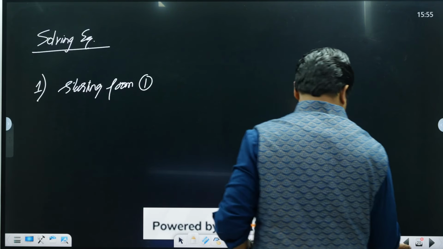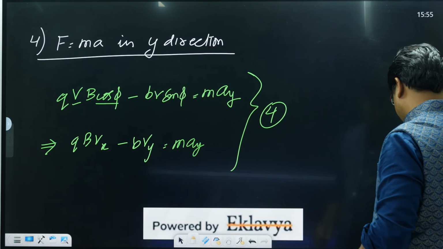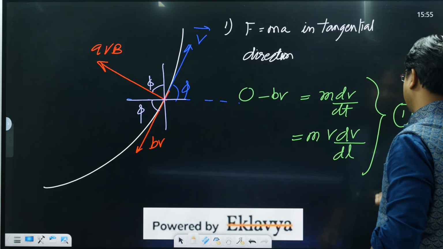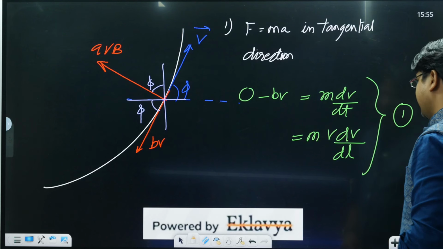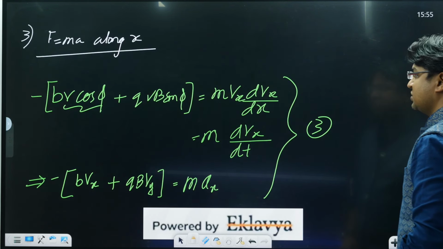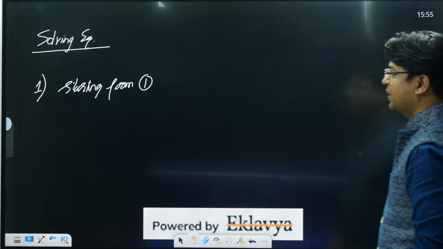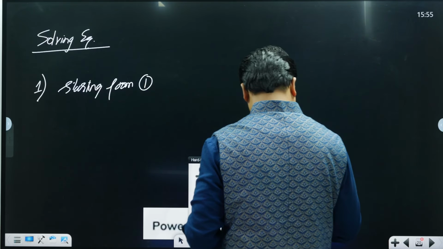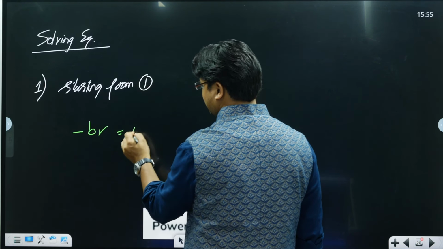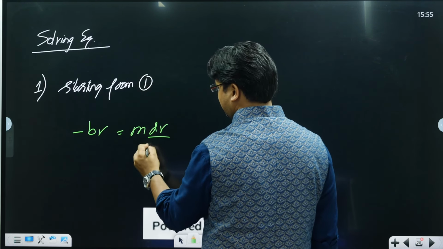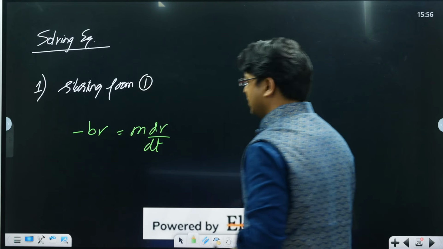So what was equation number 1? Let me go back. Equation number 1 was minus BV into M dV by dt.